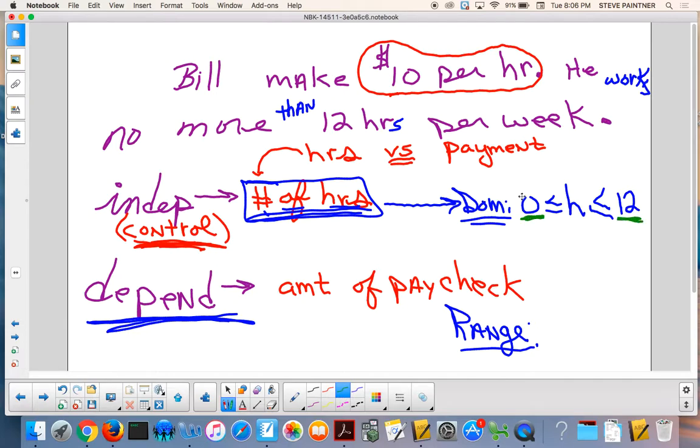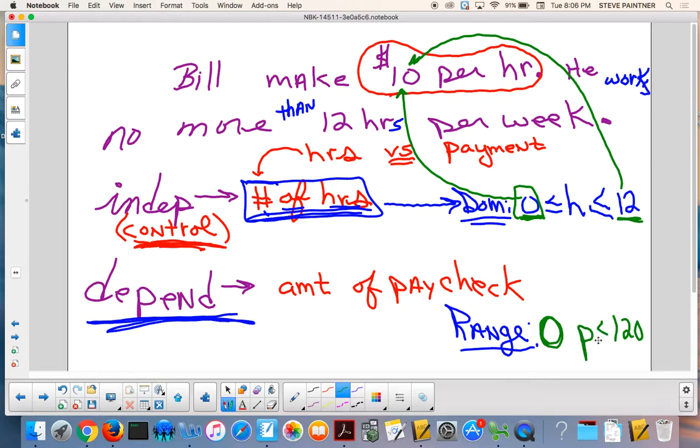And since he gets paid $10 an hour, well, 0 hours is going to make him $0, where 12 hours, if he works his maximum, will make him 120. So his paycheck, P, will be less than or equal to that, but greater than or equal to 0.